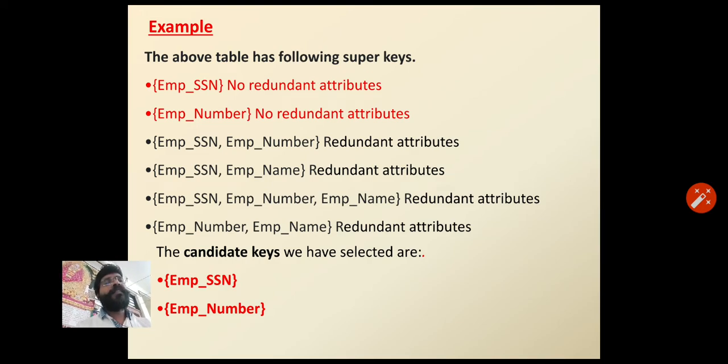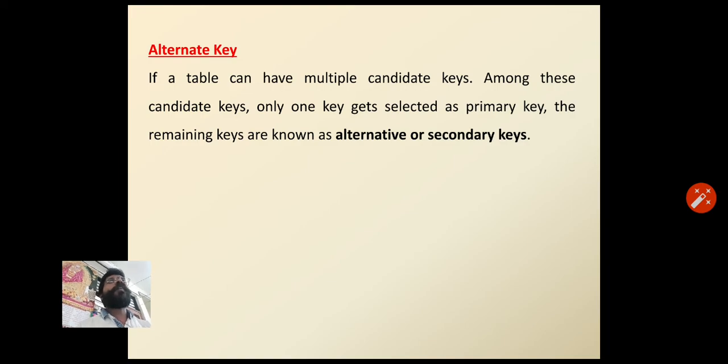Second, the concept of alternate key. If a table has multiple candidate keys, among these candidate keys only one key gets selected as the primary key. The remaining keys are known as alternate keys.